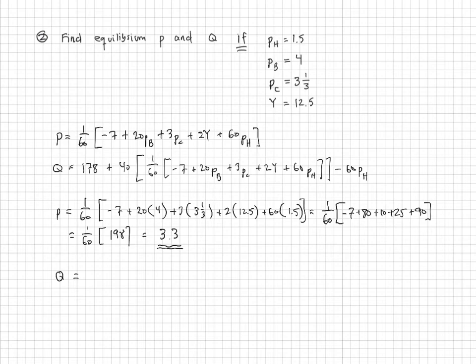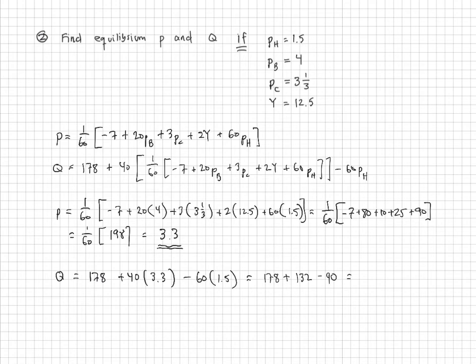Now I'm going to find the quantity. I could of course plug that all in, but we already know what P is now, so I'm just going to use that knowledge. So now I get 178 plus 40 times 3.3, which is 132, minus 60 times 1.5, so that's 90.